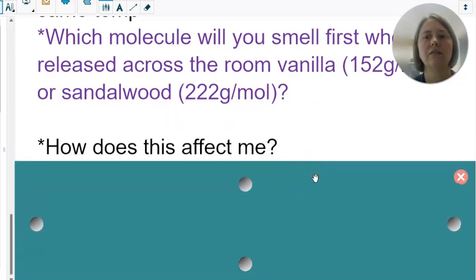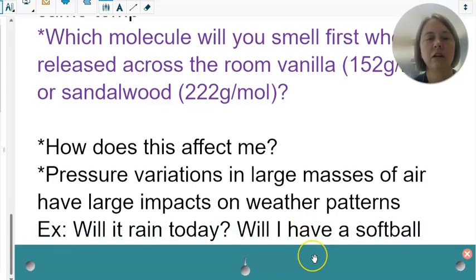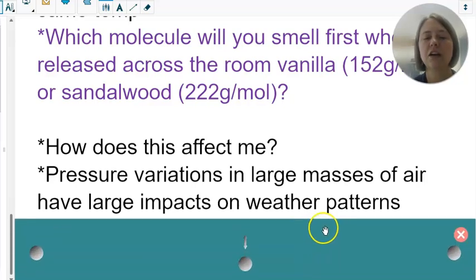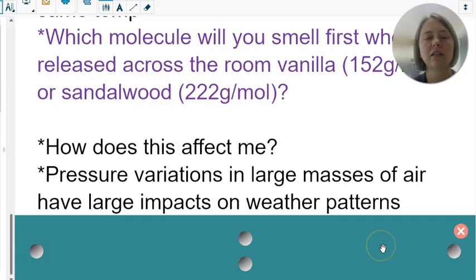And finally, how does this affect me? Pressure variations in large masses of air have large impacts on weather patterns. Hopefully you've heard about high and low air masses or weather systems. Storms are created when a low pressure system hits a high pressure system, or vice versa. And so it depends on, are we going to have beautiful weather?